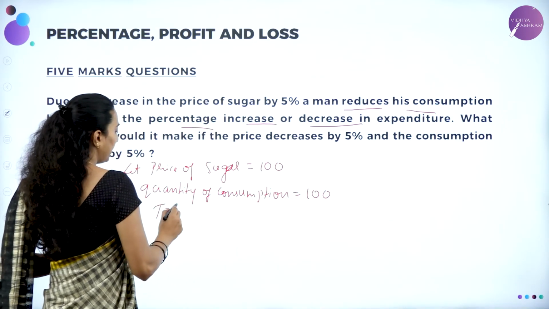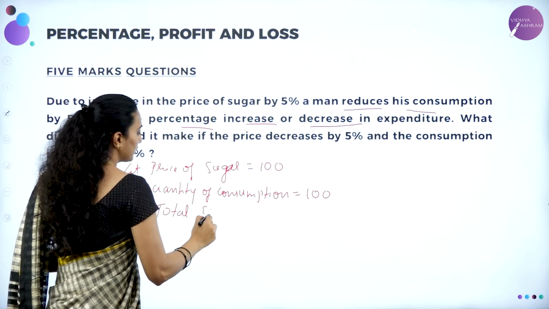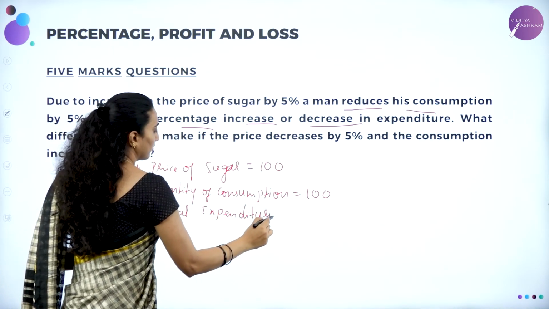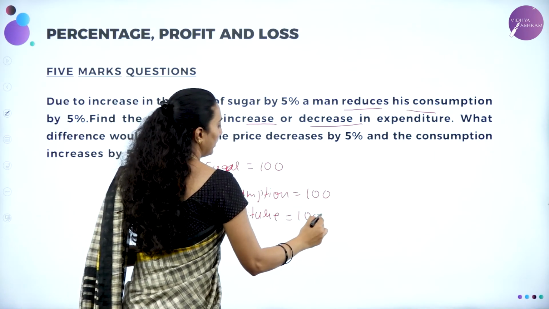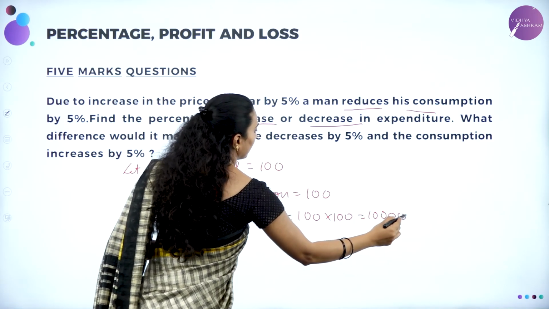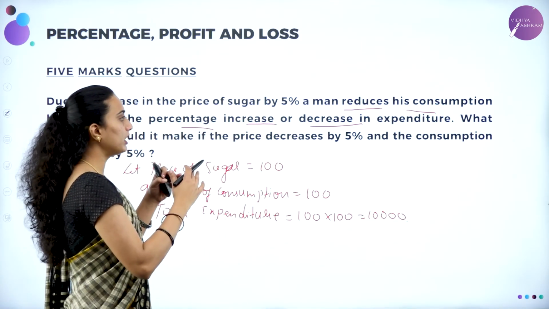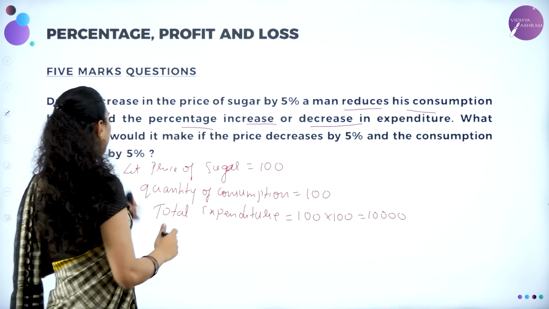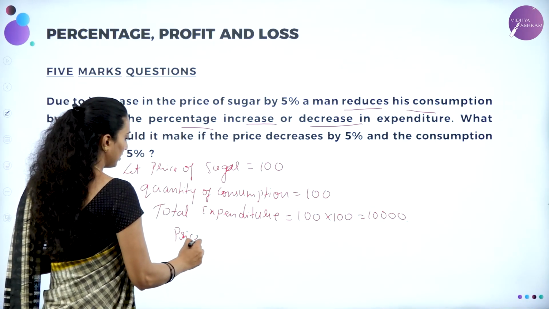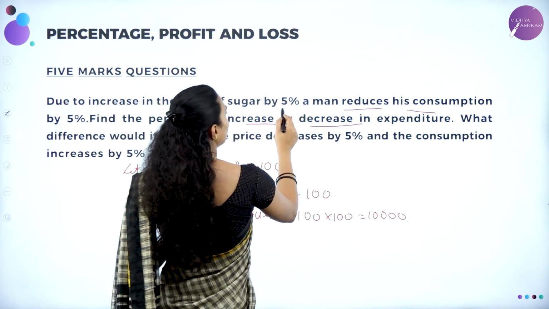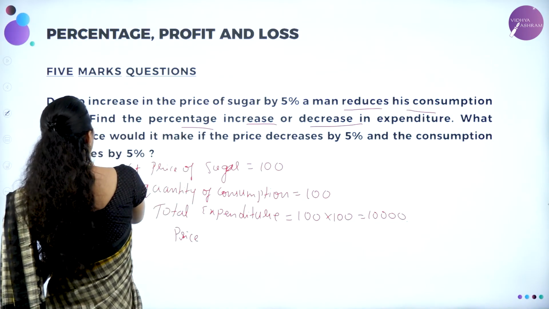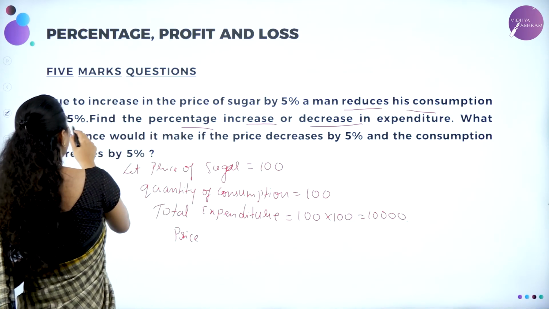Okay. So the total expenditure is equal to 100 into 100, which is nothing but 10,000. Now the price increases by 5% and the consumption decreases by 5%.